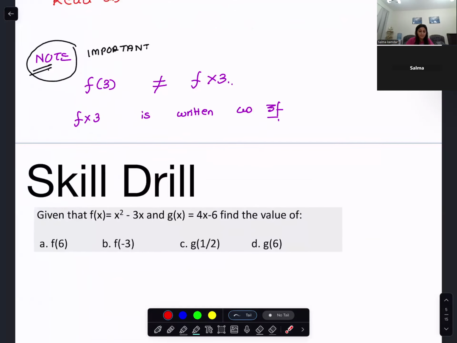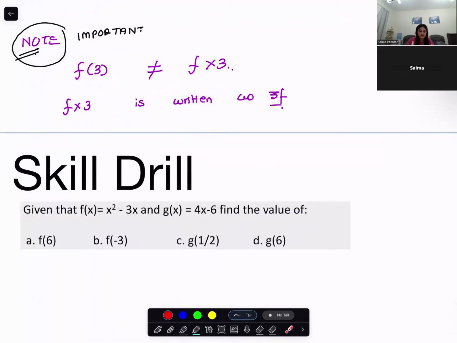Here it is very important for you to note that f of 3, the value of f when x is 3, is not equal to f multiplied by 3. f multiplied by 3 would be written as 3f. Now let's start with a small skill drill over here.